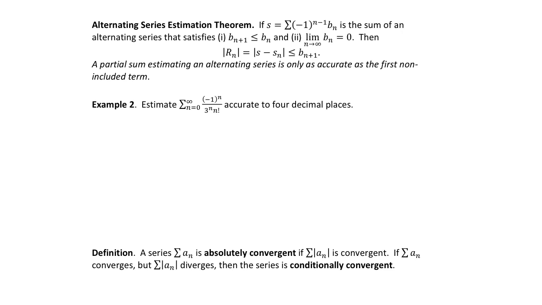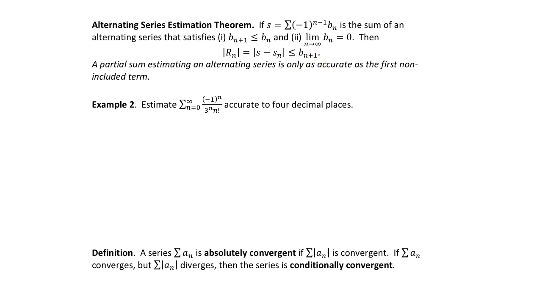So the way the theorem runs, it says if the sum is the sum of an alternating series, again, where the terms are non-increasing and the terms go to 0, then the remainder, which we talked about in the integral test video, is how far we are from the actual value of the sum. It's always going to be less than or equal to b sub n plus 1.